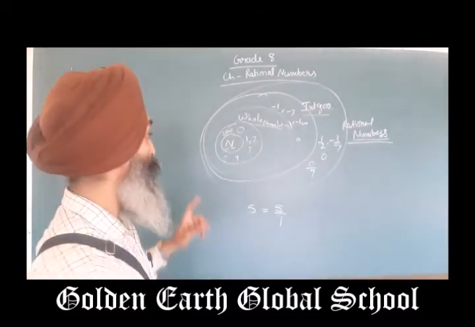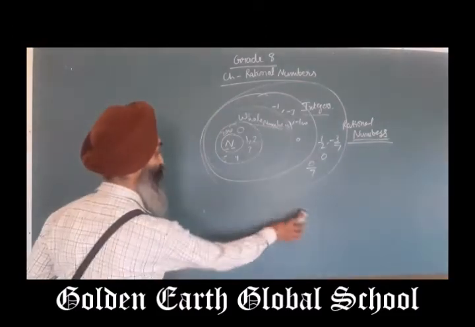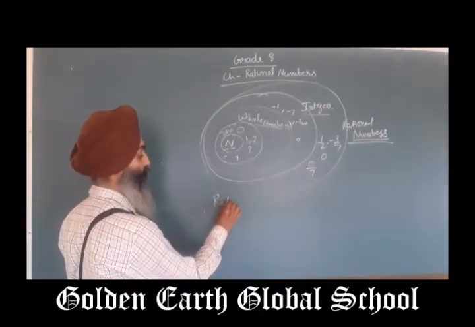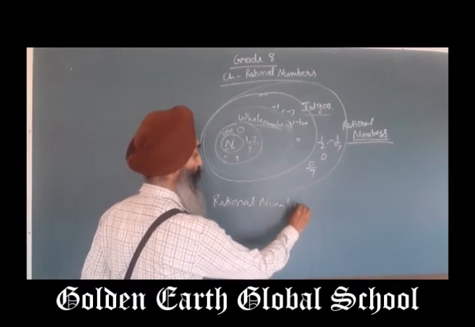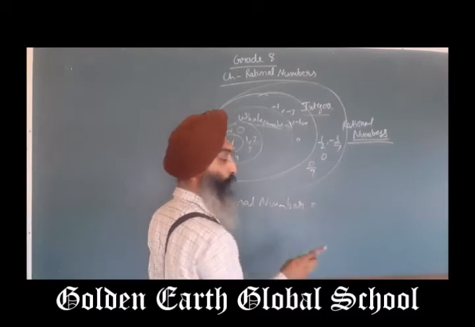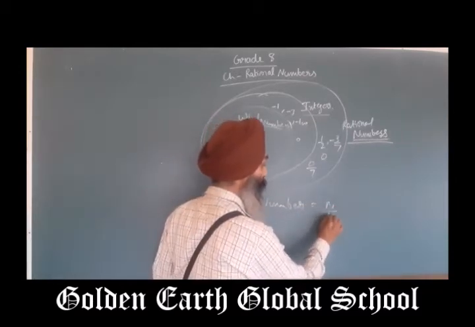So understood? So what will be the definition of rational number? Now make the definition of rational number. A rational number is that number which is in the form of numerator and denominator.